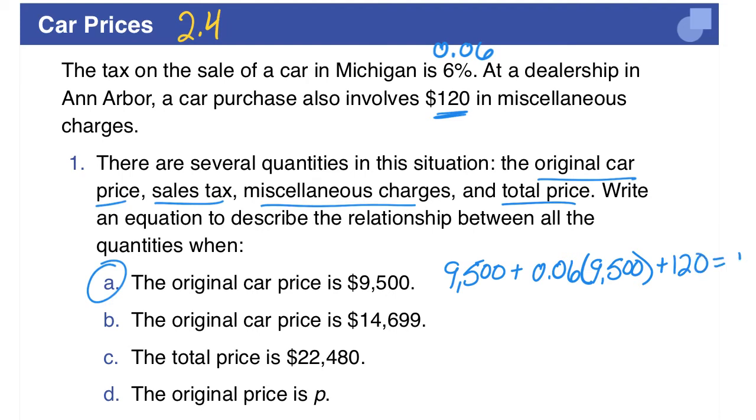And whatever that's going to be is going to be our total price that we're going to pay for the car. So skipping down to D, if the original price is P, our equation will be that we're going to pay the original price, plus we're going to pay 6% of the original price, plus we're going to pay $120, and that will equal our total cost.